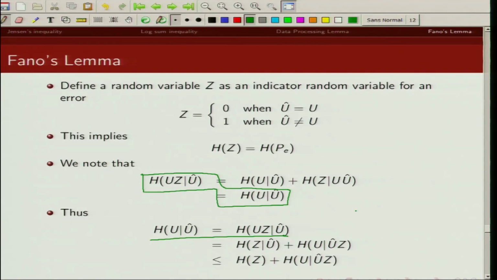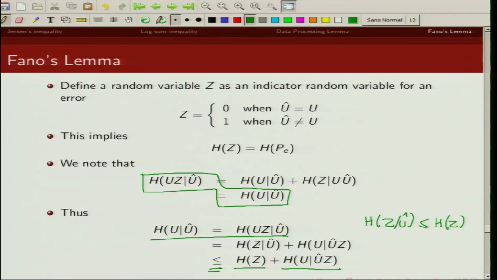Uncertainty, we know that conditioning cannot increase uncertainty. So H of Z given U hat has to be less than or equal to H of Z. So then I can write this term as less than or equal to H of Z plus H of U given U hat and Z. And when is this the same?